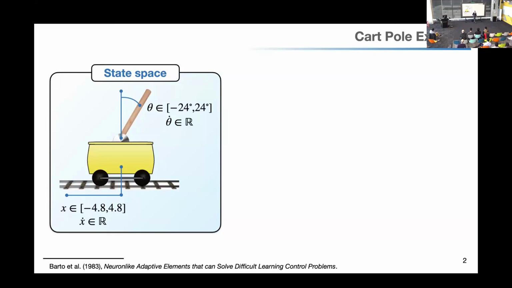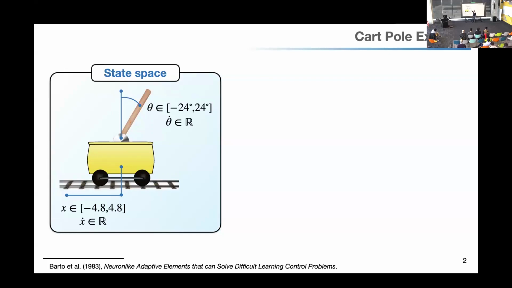Now, if we look at this cart-pole example through the lens of a Markov decision process, the most natural way to describe the state space of this problem would be through a subset of R^4. The state of this problem could be described by a four-dimensional vector, x, theta, x dot, theta dot, where x describes the position of the cart on the tracks. And part of the problem is that it's limited to a finite region.